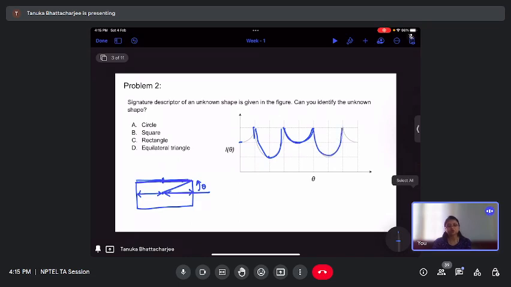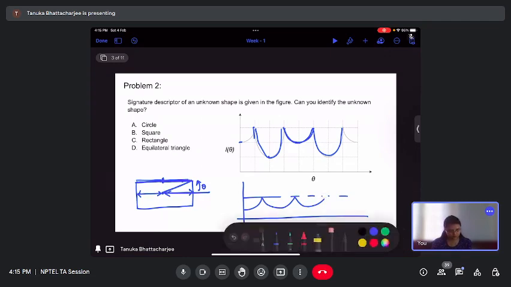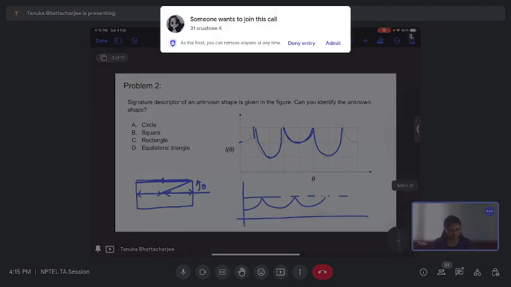So, this corresponds to a rectangle. If you have a square, for example, then it will look something like this.